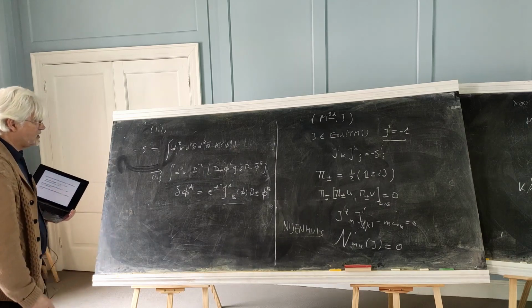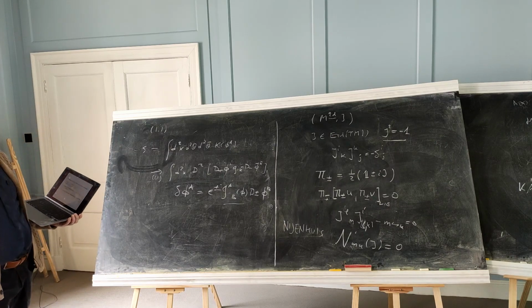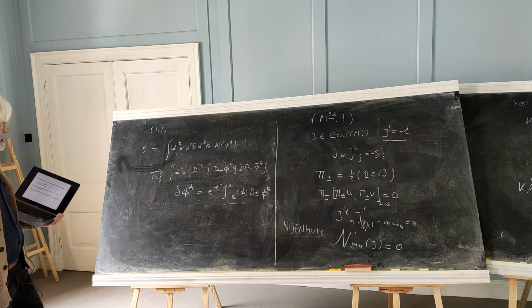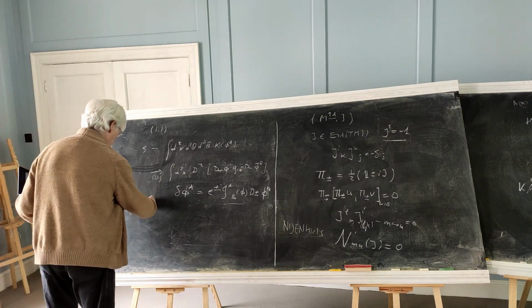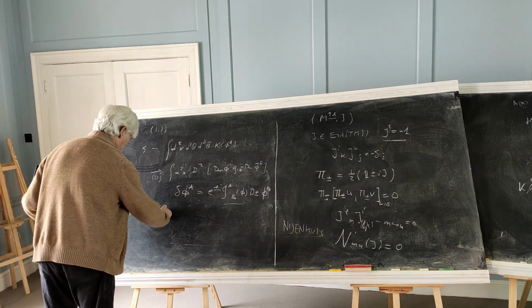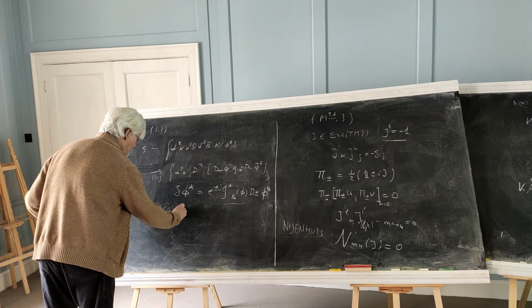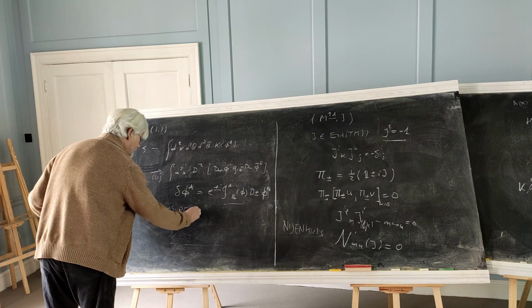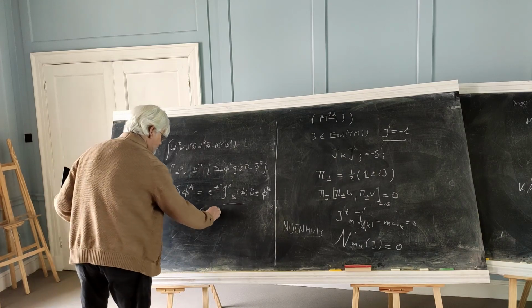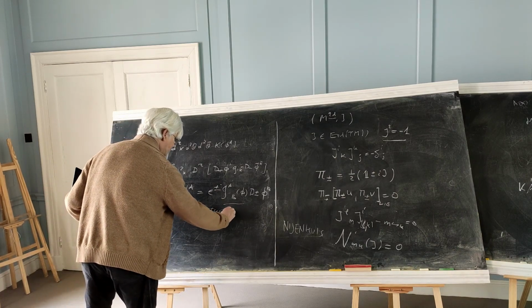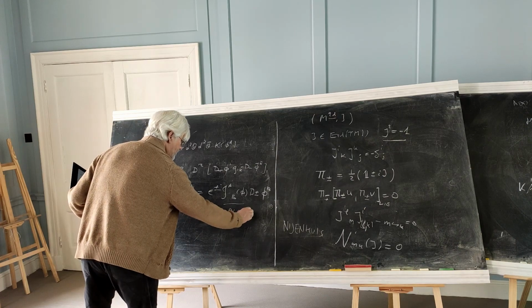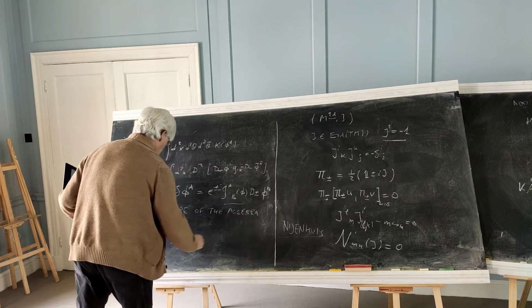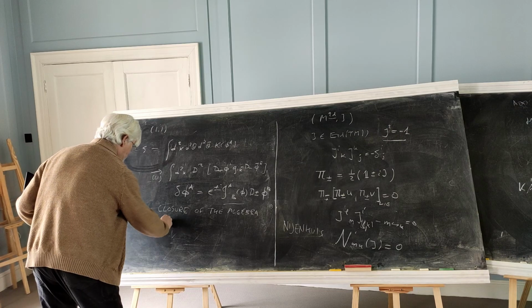So what are the conditions you need to impose on a supersymmetry? Okay, it's closure of the algebra. Otherwise, it wouldn't be a supersymmetry. And invariance of the action.